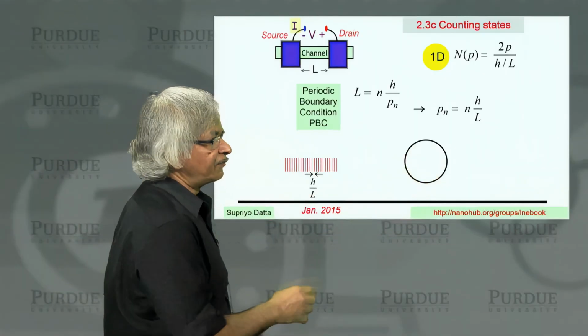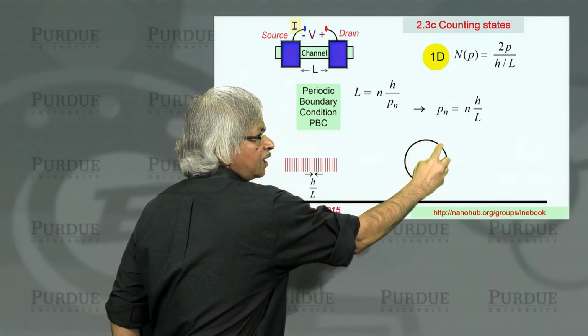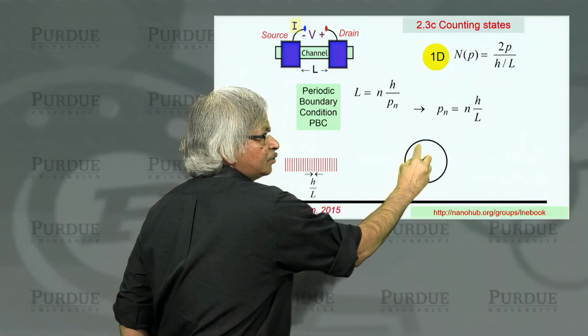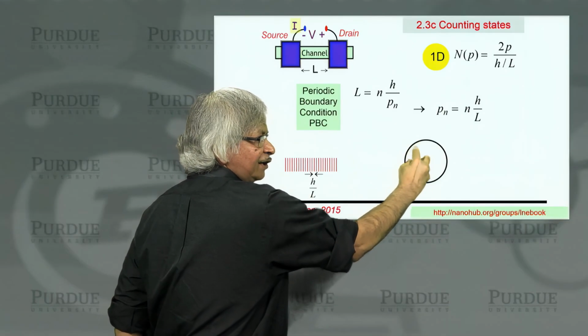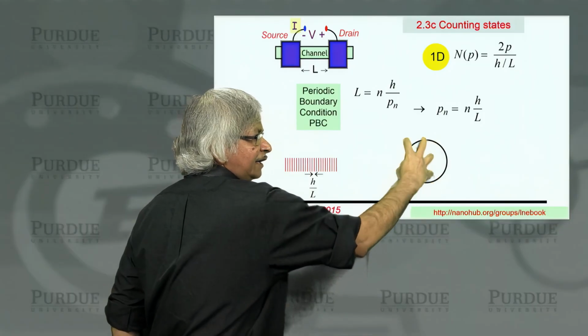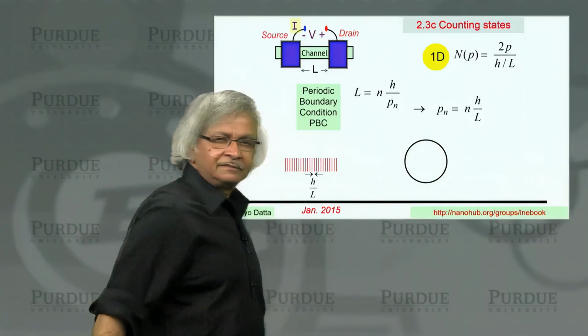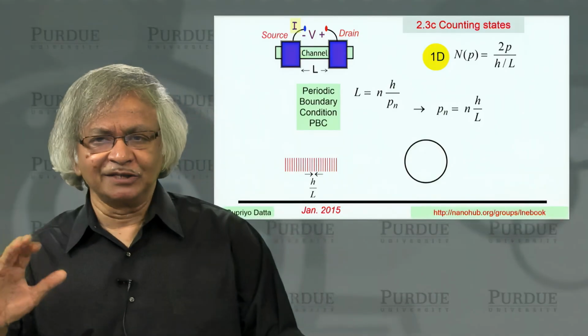Because if it's in the form of a ring, then you could argue that when you have a wave that goes around this ring, when it comes back, it needs to connect up to where it started. Otherwise there would be a discontinuity there. And so you could argue that the overall wavelength must always fit into the length. And this is what you might call a poor man's quantum mechanics.